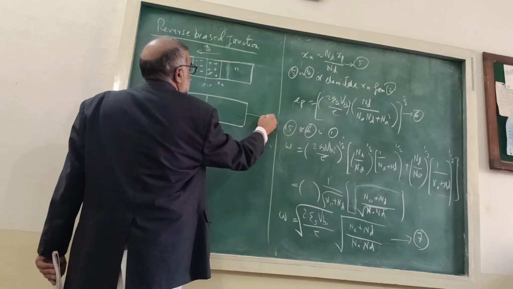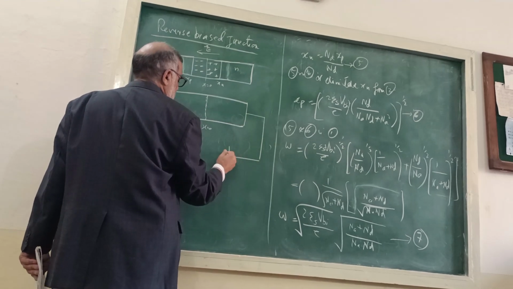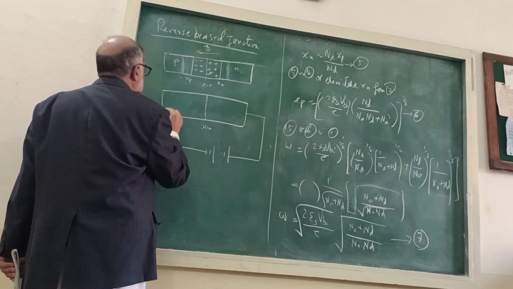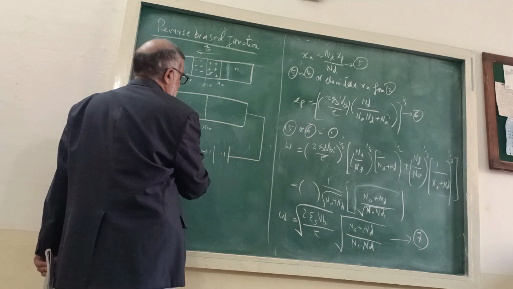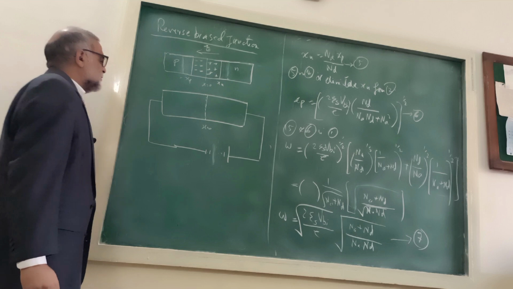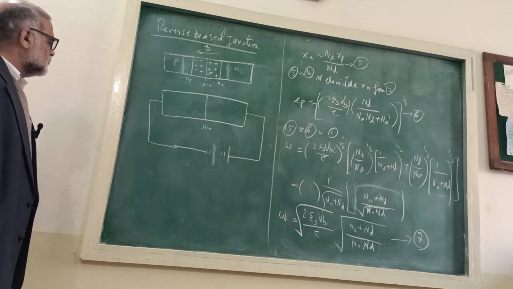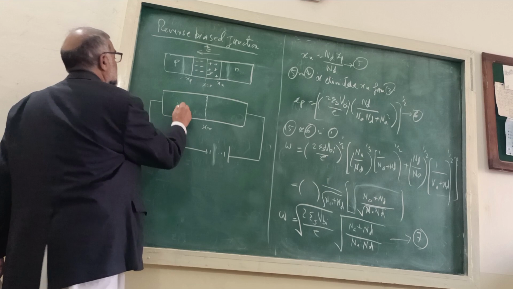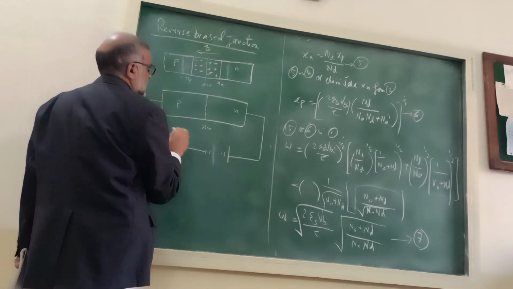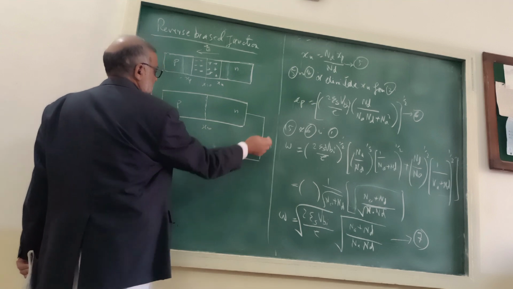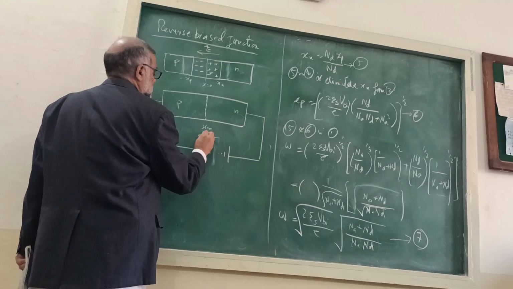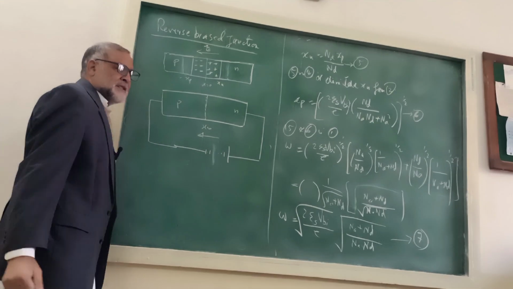Now when you apply a positive on this side and a negative on the P side, the external electric field is in this direction, and the internal electric field is also in this direction.